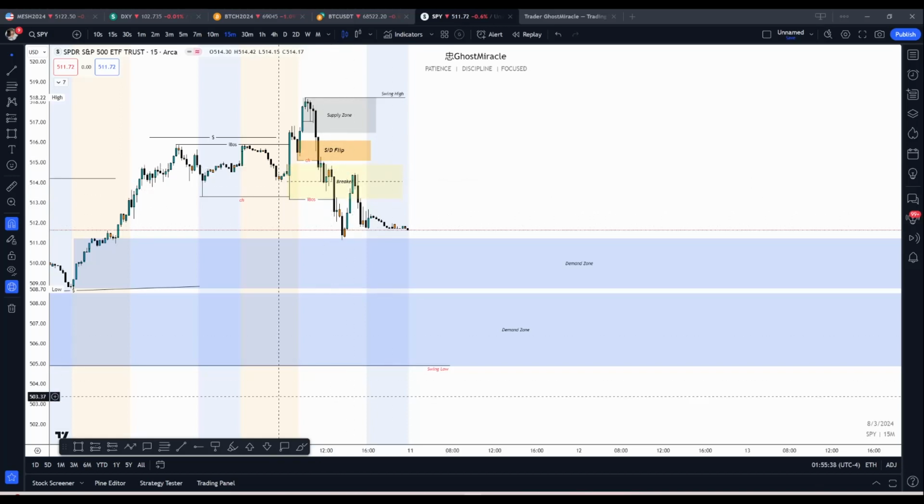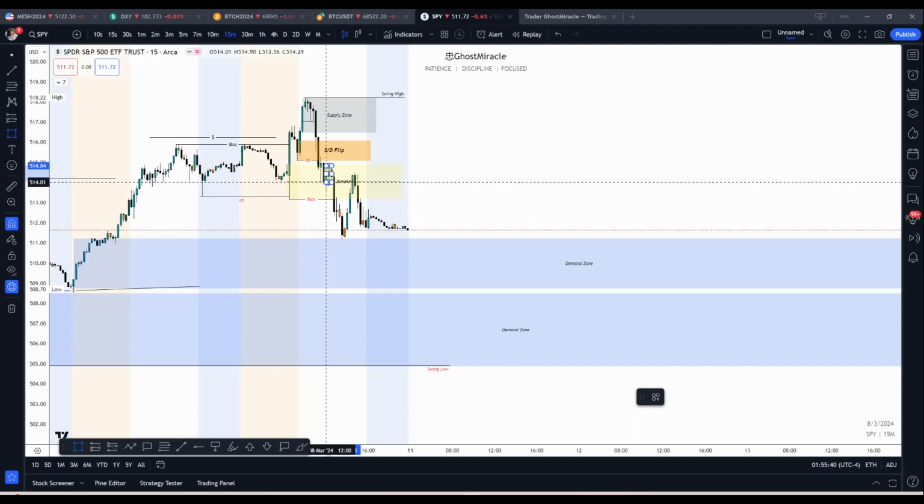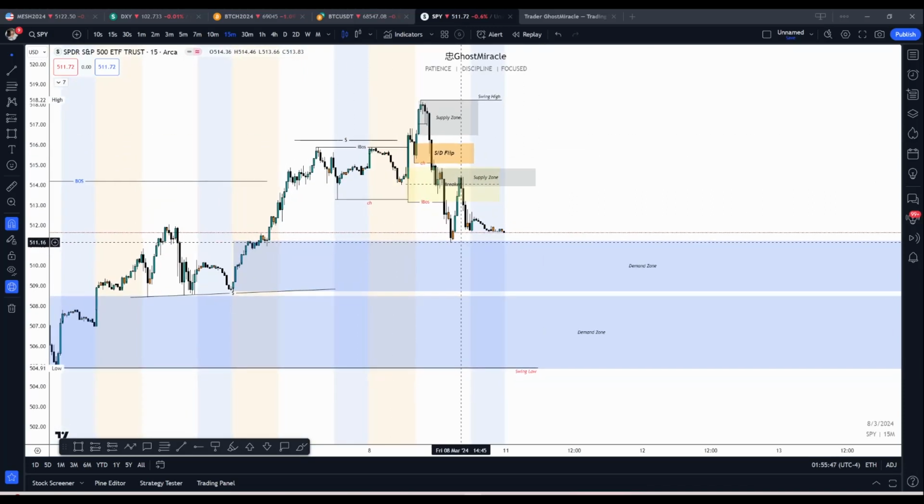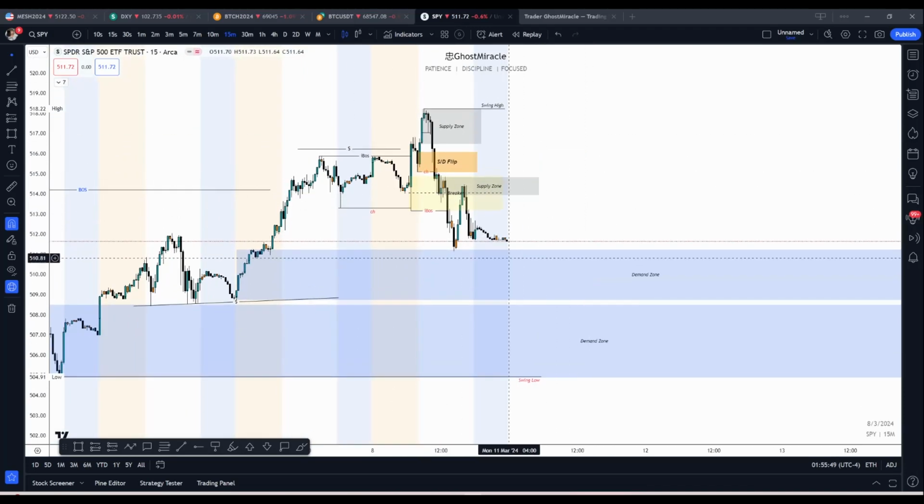Even though you do have this high, low, high internal break here, and then the supply zone was created, price came back in, tapped into the supply, and then continued to the downside, right? Because this is a weak low. So you expect this low to be taken.